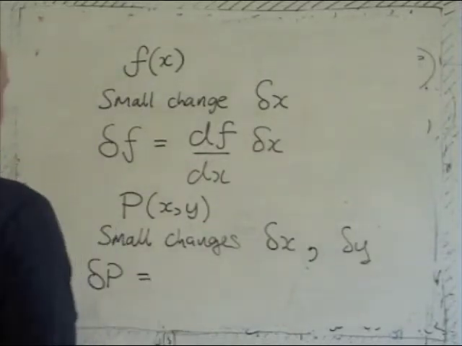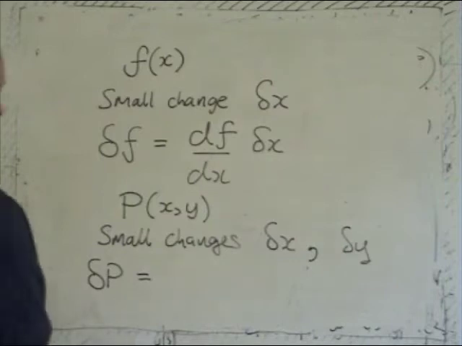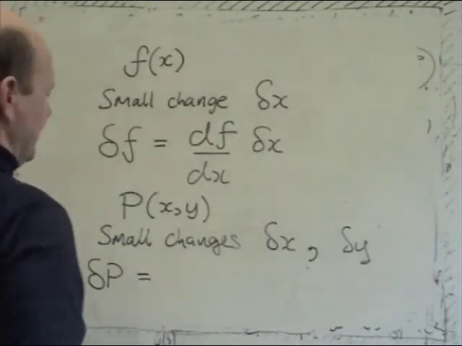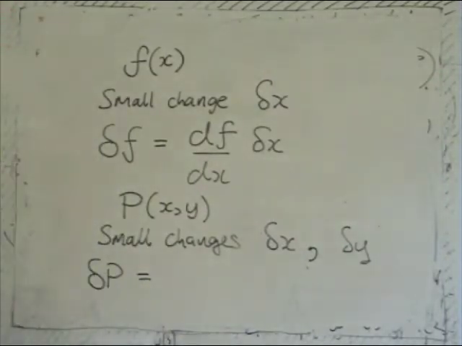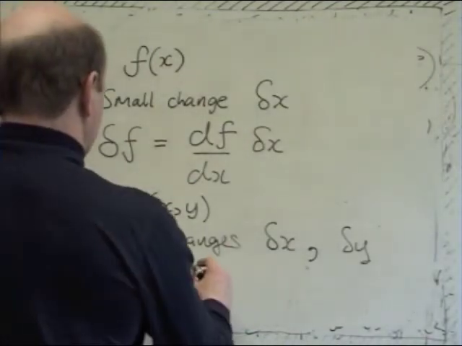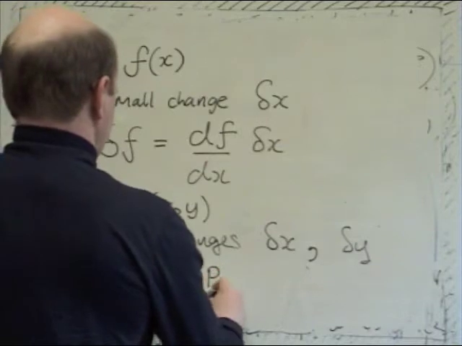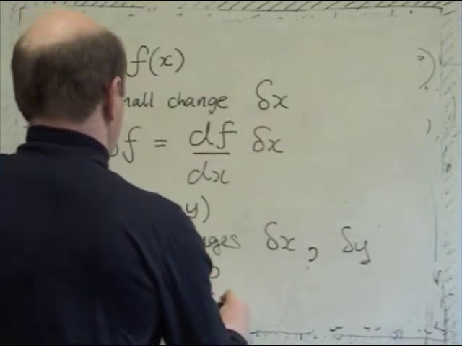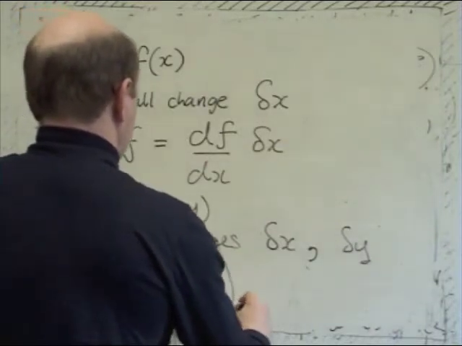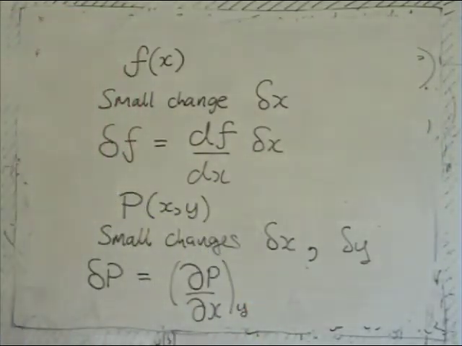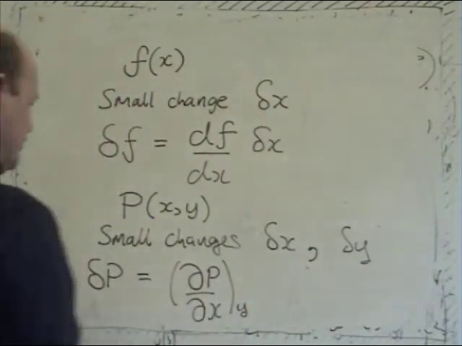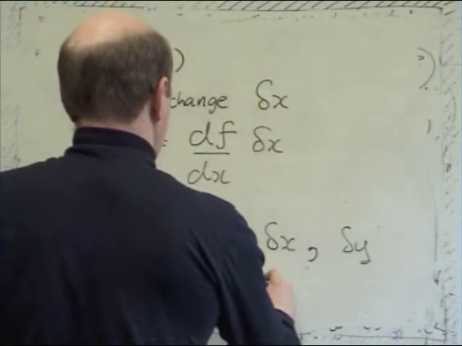is going to be the result of first changing x by delta x, leaving y fixed, and the result of that is going to be the derivative of p with respect to x, and you write a little y down here sometimes to remind yourself that you've left y fixed, times the change in x.